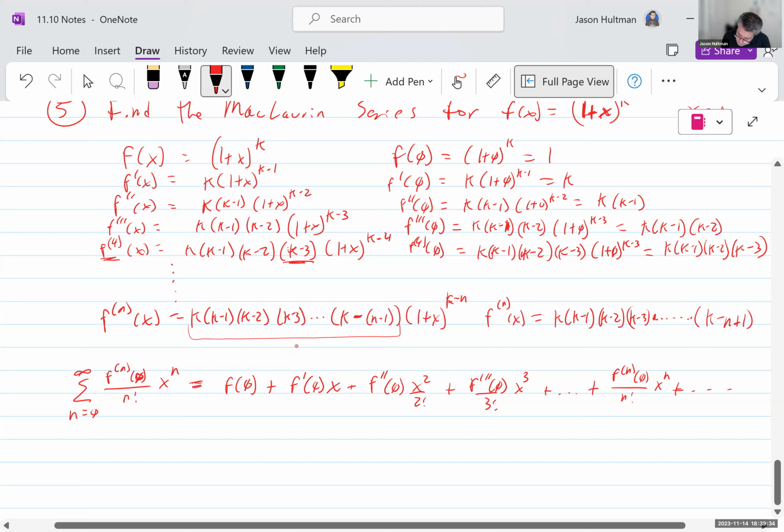So what's f of 0? That's 1. So we'd say 1 plus x to the kth power in this case, not n, k.